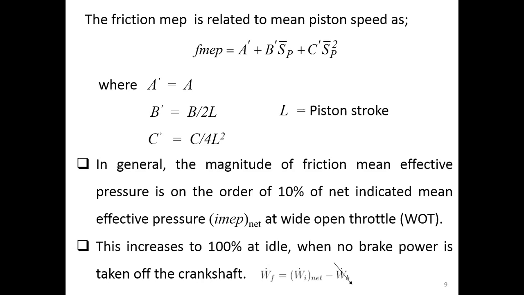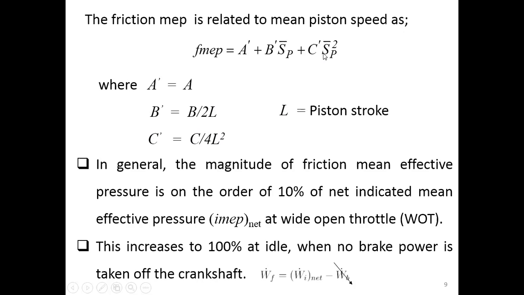So we can relate the friction mean effective pressure to the piston speed like this, where this A prime is the same constant A due to the boundary layers, as we mentioned earlier. And this B prime is also related to the constant B, but it has to be divided by 2L, where L is the piston stroke, and C prime is related to the constant C, divided by 4L squared.